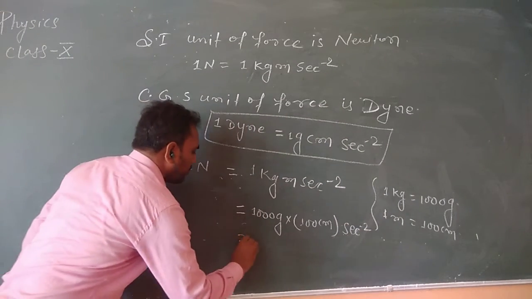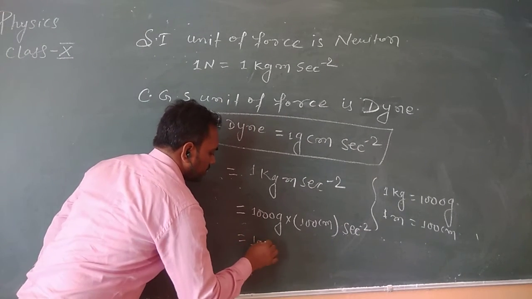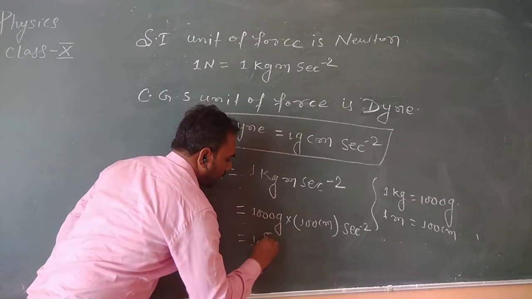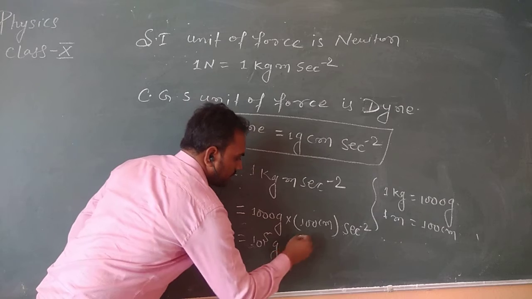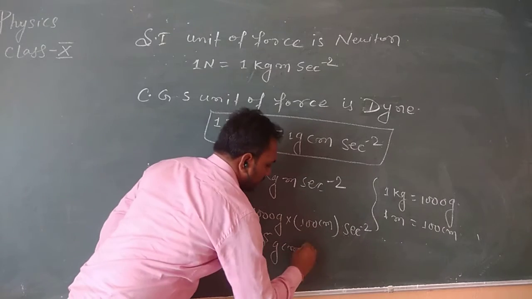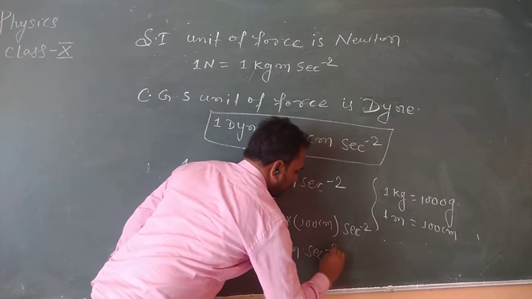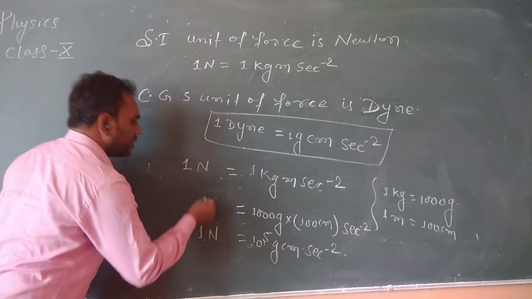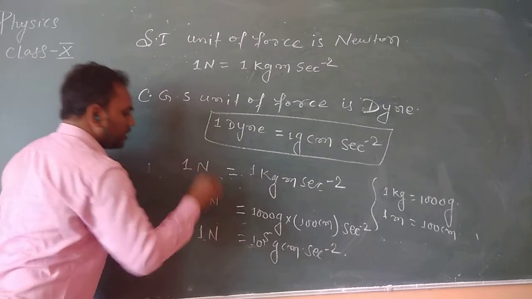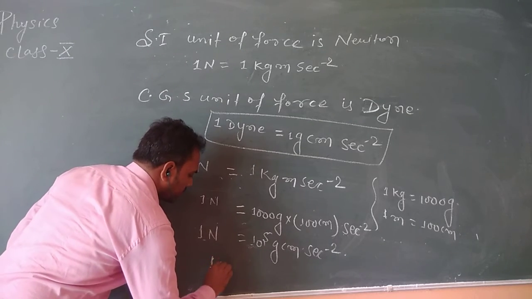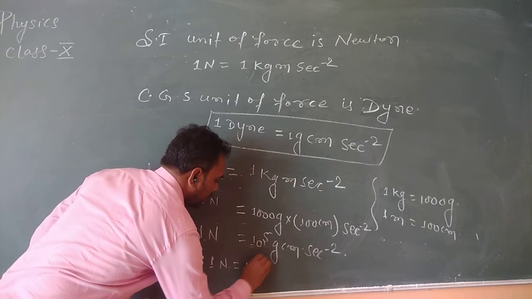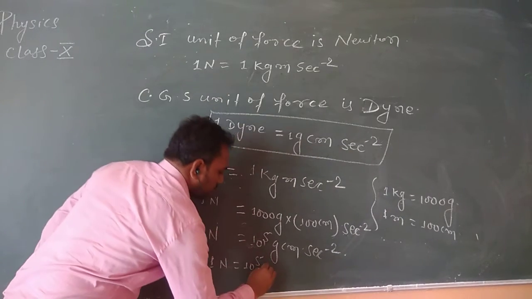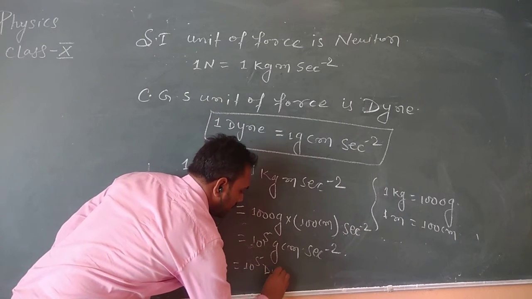So we will get 10 to the power 5 gram centimeter second inverse, which is equal to 1 Newton. This is 1 dyne, so 1 Newton is equal to 10 to the power 5 dyne.